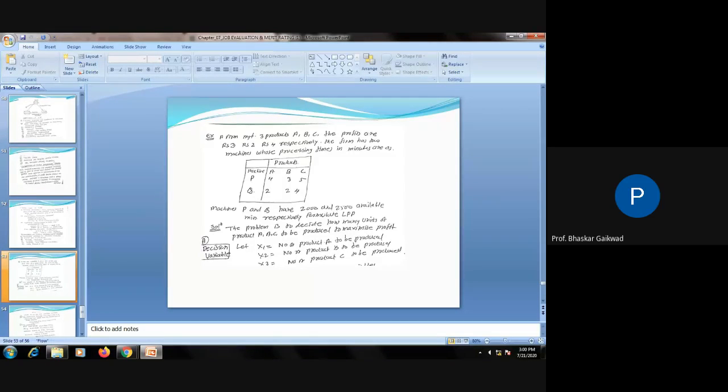So this is for one item. A, how much profit you will get: 3. B, how much profit you will get: 2. C, how much profit you will get: 4. The firm has two machines whose processing times in minutes are given. So the industry has two machines.